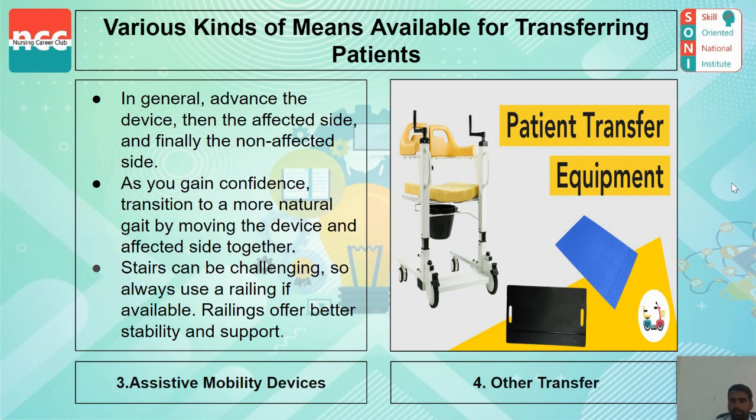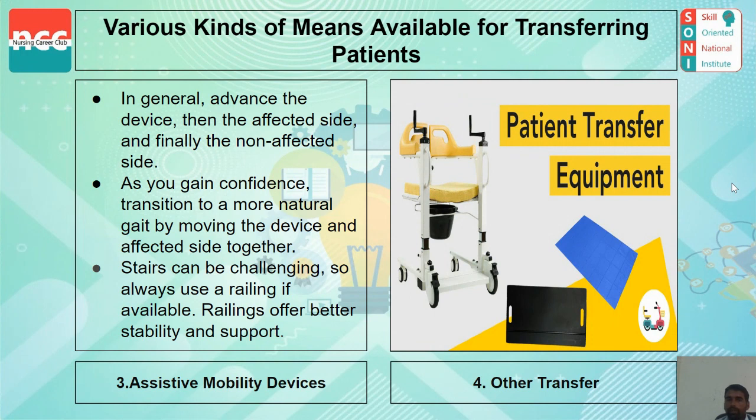Assistive mobility devices. In general, advance the device, then the affected side, and finally the non-affected side. There are two sides. One is affected and the second one is non-affected. The affected part of the patient is called the affected side, and the non-affected part is called the non-affected side.